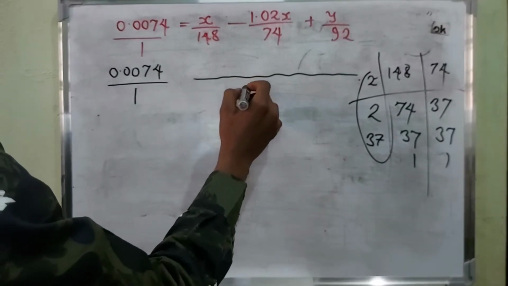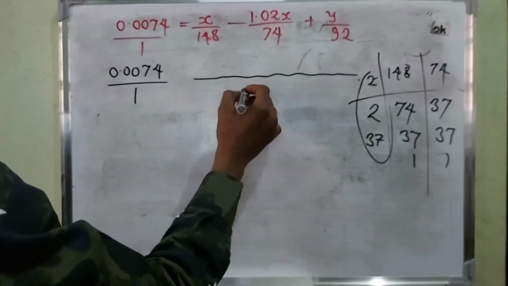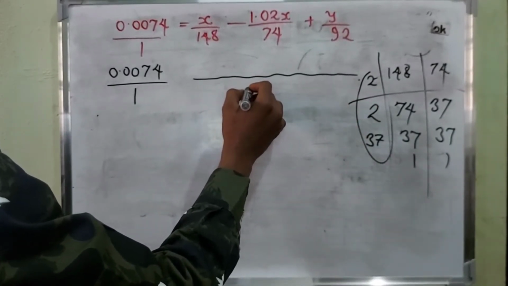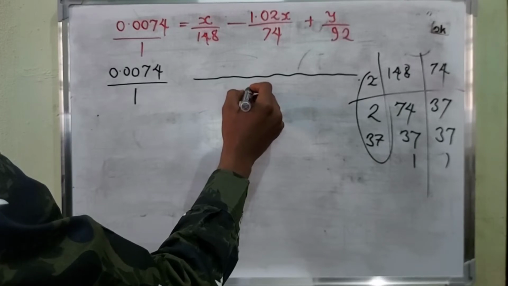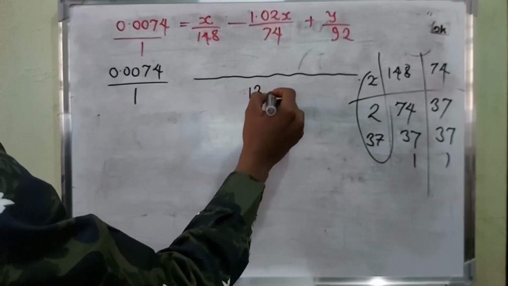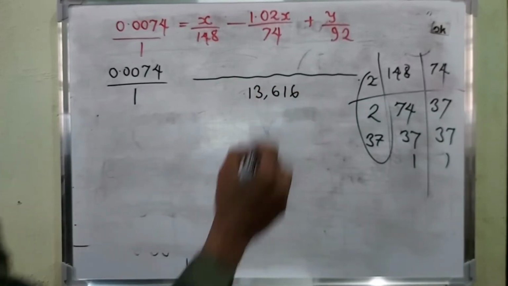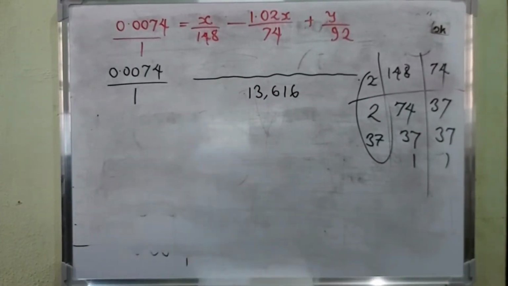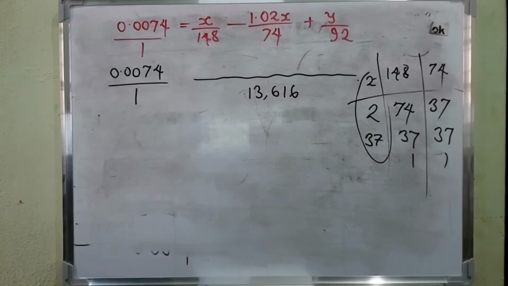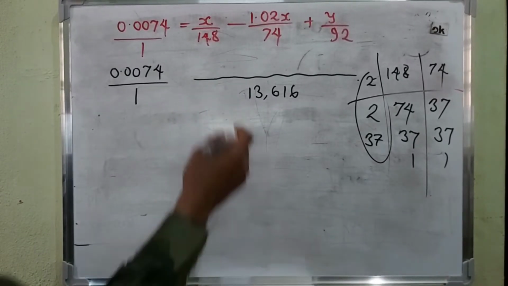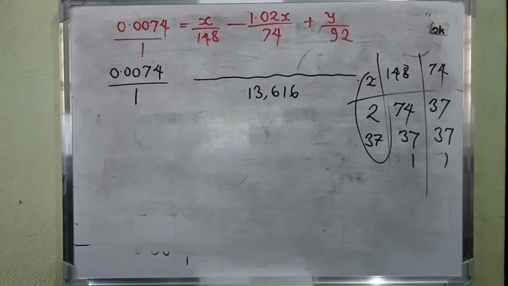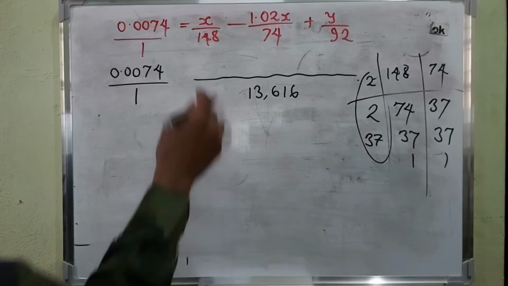So I'm going to have 148 multiplied by 92, which will give us 13,616. Now this is going to serve as our lowest common multiple here, to actually solve this expression. So 13,616 divided by 148 will give us 92.